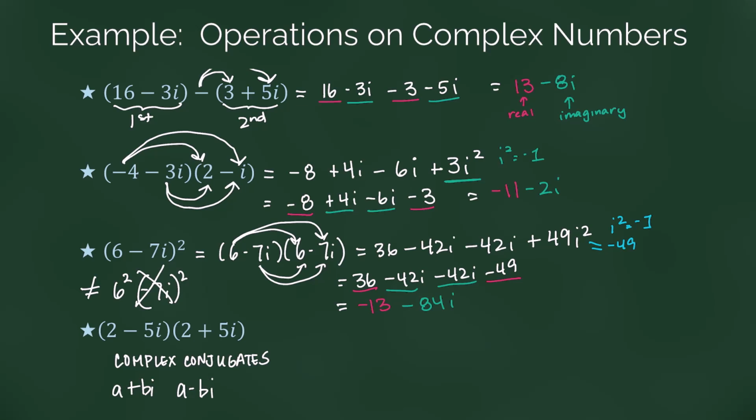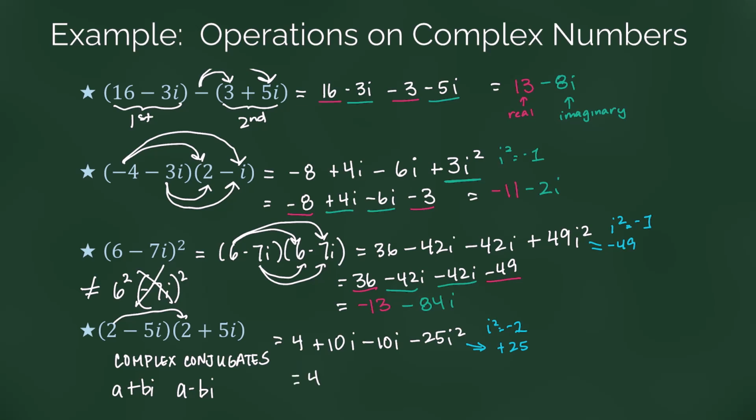Again, we're going to use the distributive property. So we're going to do 2 times 2, 2 times 5i, negative 5i times 2, and negative 5i times positive 5i, which is negative 25i squared. Again, we use the fact that i squared is negative 1 to notice that this term is the same as positive 25.